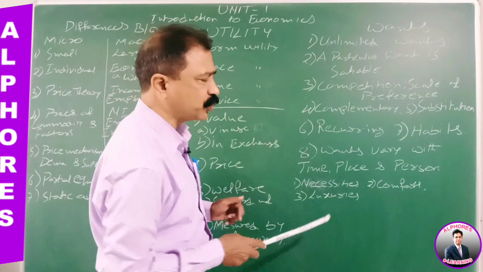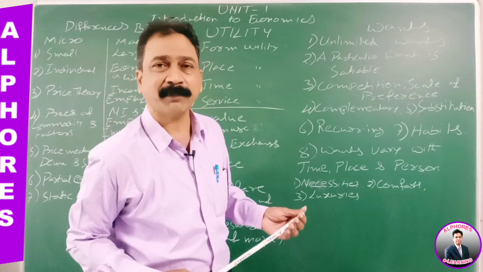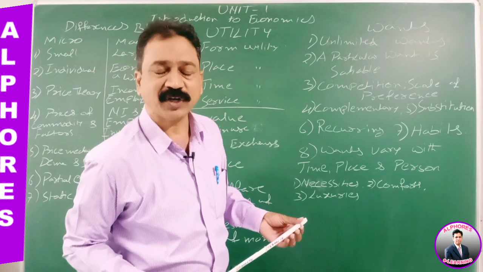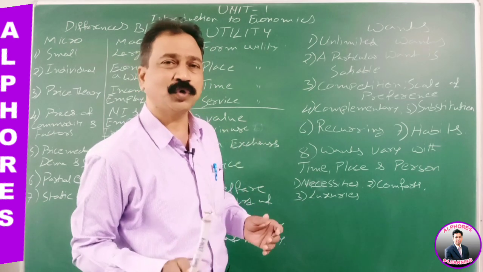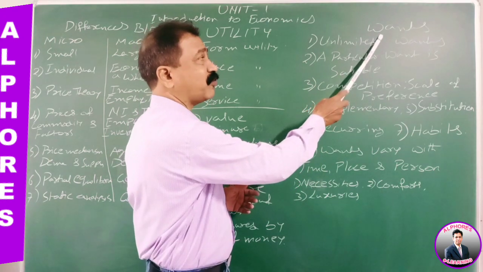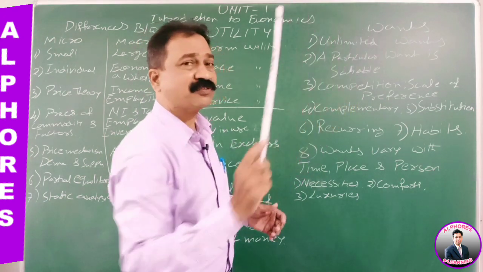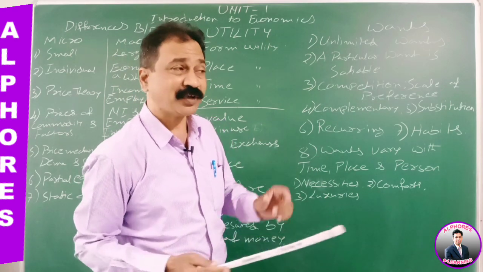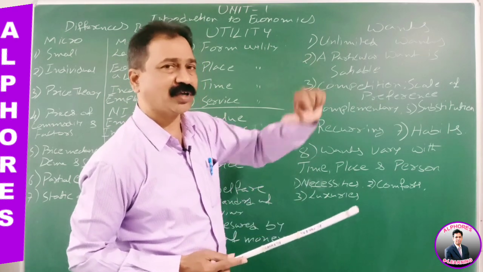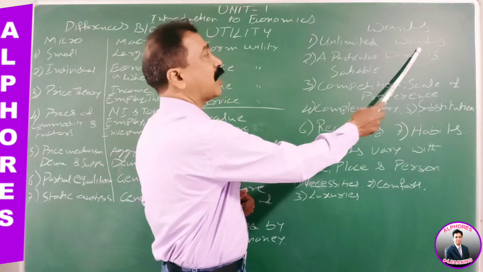How is this knowledge going to be useful? Actually, when you become a marketing man, a manager, a person of the world, then you should know what the characteristics of wants are. Because if you satisfy these wants of the people, only then will they give you respect. That's why you should know the characteristics of wants. The first characteristic is unlimited wants.